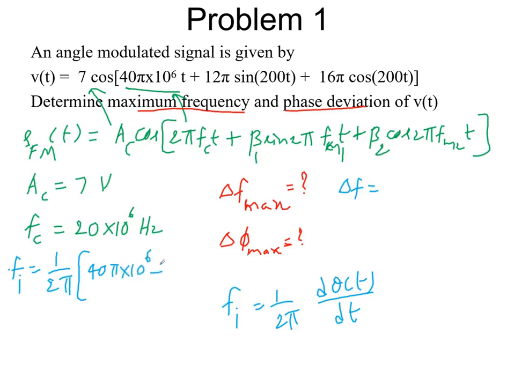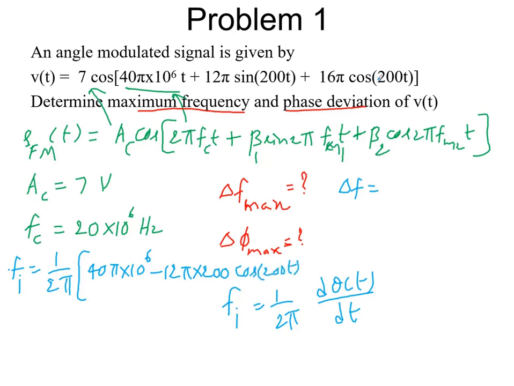Then what is the derivative of sine theta, students? The derivative of sine theta is cos theta, and the derivative of cos theta is minus sin theta. That's why here you will be getting 12 pi into 200 into cos of 200t.